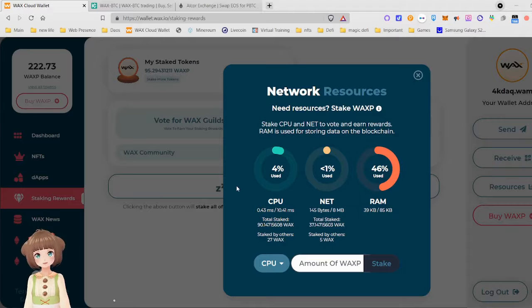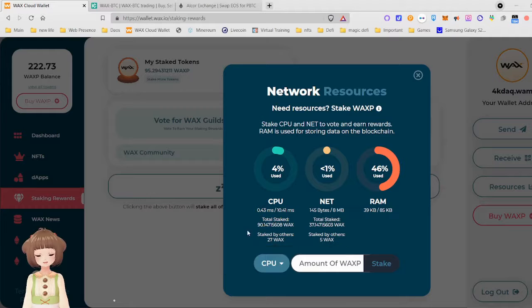So the majority of what you stake here will go to CPU and net, and essentially these are two factors that when multiplied gives you a sort of bandwidth and speed in transactions on the network for free.